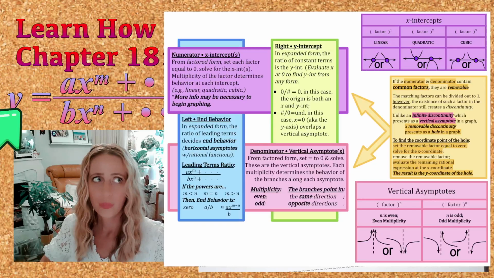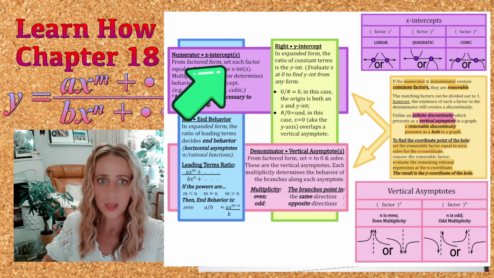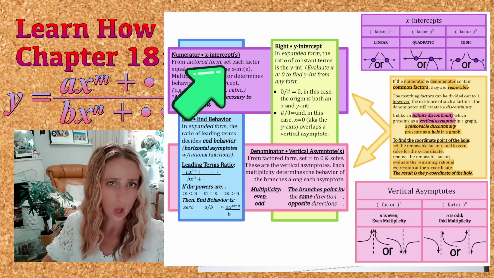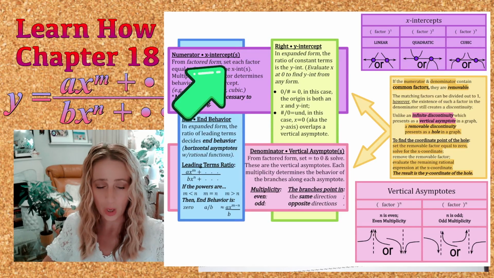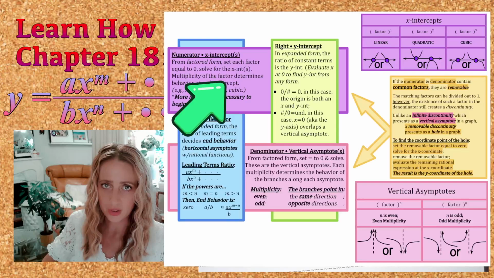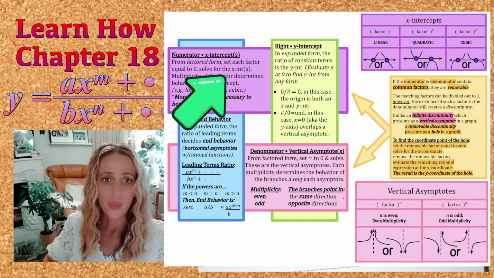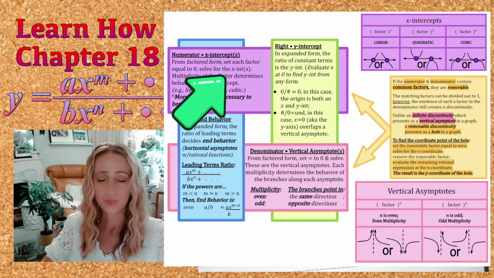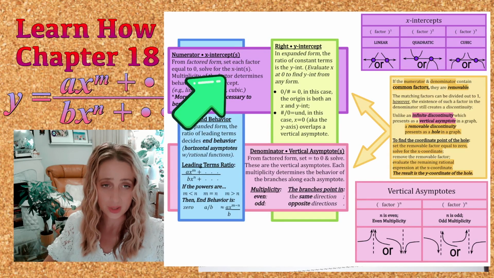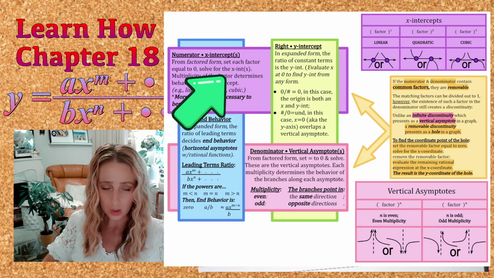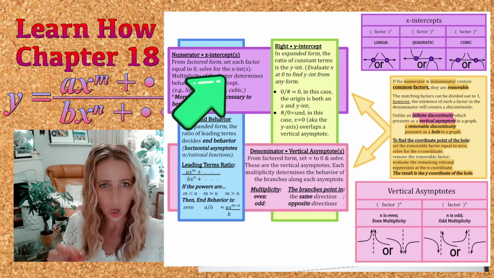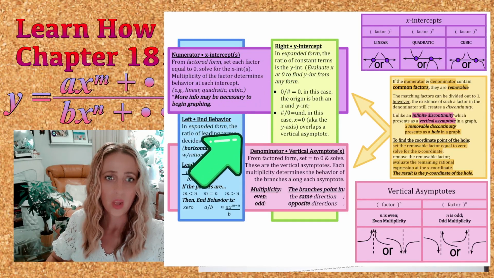So by setting your numerator equal to 0 and solving by factoring and the zero product property, you will find your x-intercepts. So again, factor your numerator, set each factor equal to 0, that's the zero product property, and you're going to get your x-intercepts. I'll elaborate on the behavior of each x-intercept in a moment.